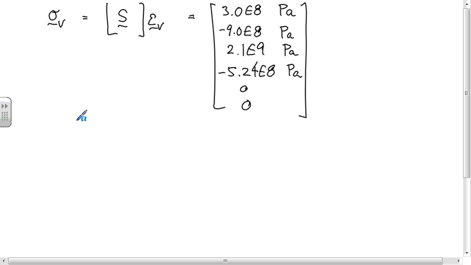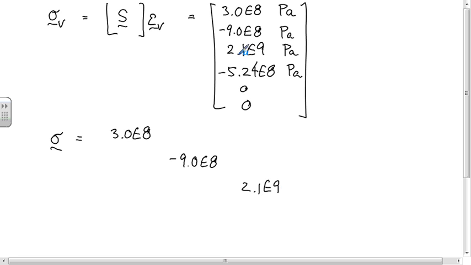Then to get the stress tensor, you have to reformat that. So the stress tensor is like that. The YY is -9 times 10 to the 8th. The ZZ is 2.1 times 10 to the 9th.